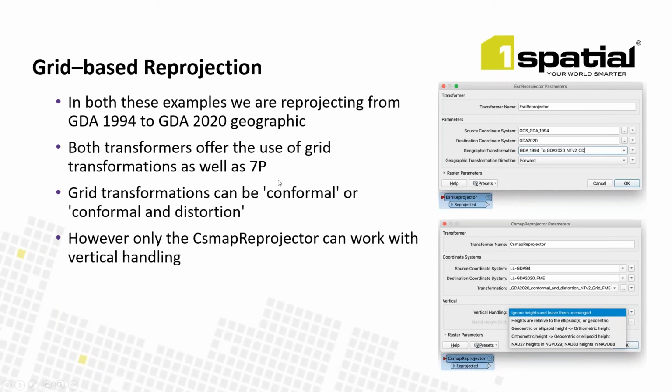Both of these we can use with the grid as well as the 7-parameter. We get the choice, so we can use the distortion version of the grid. However, if we need to do some work with the vertical handling, as Priyantha was talking about, then we do need to use the CS-MAP Reprojector. That gives us options there.